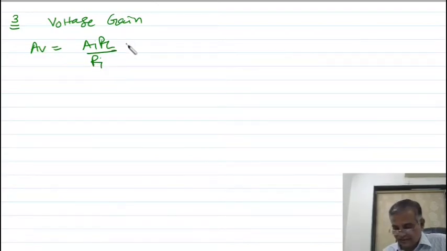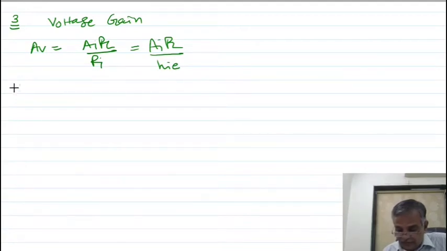You can write this also in this way: AI into RL upon Ri, where Ri is nothing but the input resistance HI of a transistor. You can write. Now, the voltage gain of the amplifier with feedback is given by AI RL upon Rif.